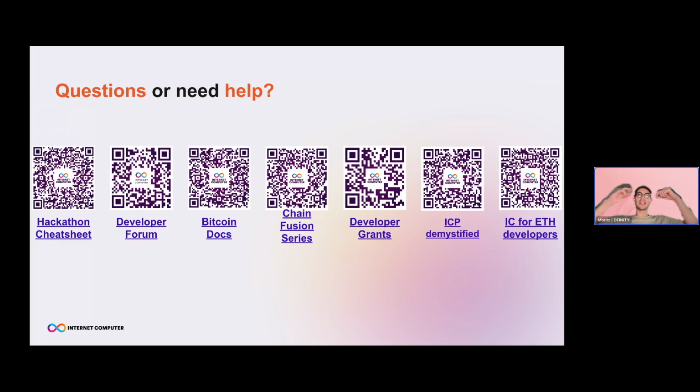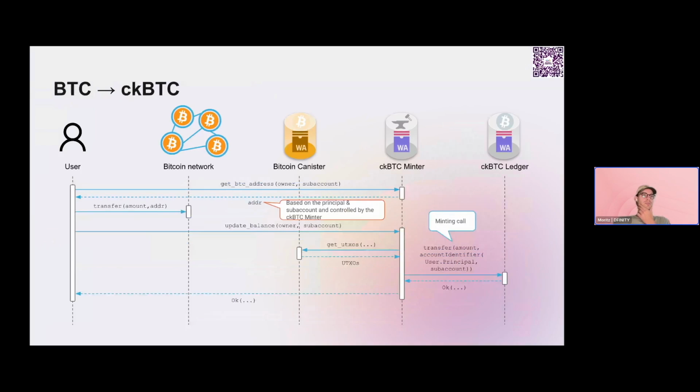And then later on, when you call this update balance method, the ckBTC minter gets the Bitcoin address from this owner and subaccount, checks the UTXOs, and then sends whatever new amount of Bitcoin it has in this Bitcoin address to the owner of that subaccount.